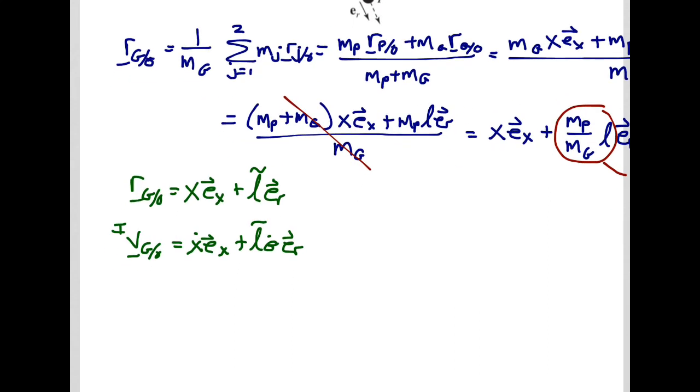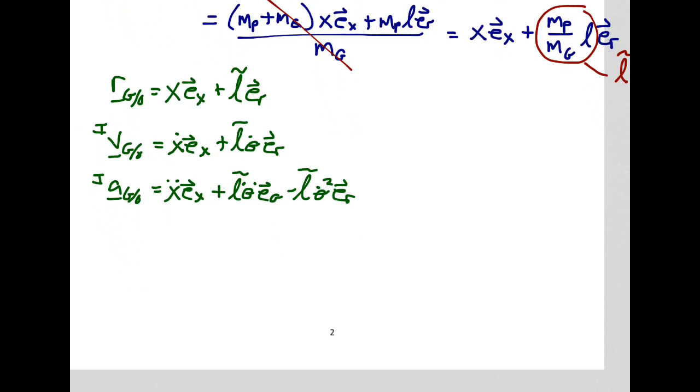And the acceleration of G with respect to O as observed in the inertial reference frame is equal to x double dot in the EX direction plus L hat theta double dot in the E theta direction minus L hat theta dot squared in the ER direction. So all this should look pretty normal to you. And essentially, it's the equation for this system with a shortened pendulum.